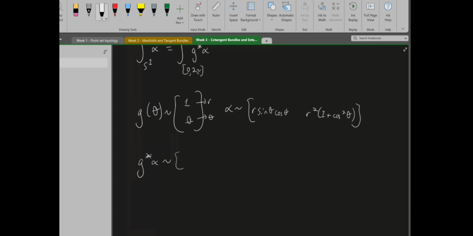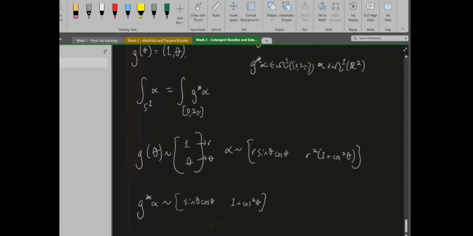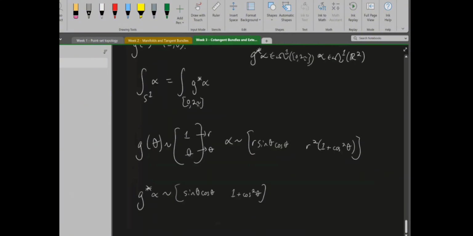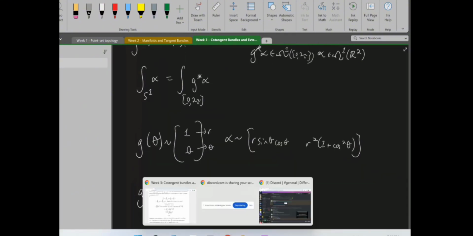Okay. So that's going to be 1 is r, and then sine theta cosine theta. And then you have 1 again for r here, and so you have 1 plus cosine squared theta. Now I'm trying to think of why this doesn't come out to be a one form on a one-dimensional space.